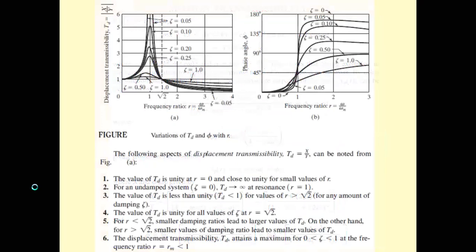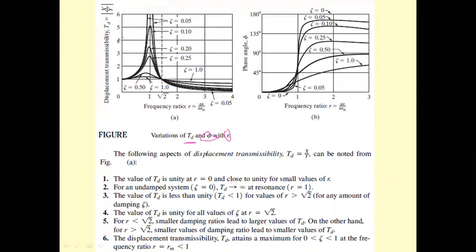So if we draw the diagram, that is the variation of this displacement transmissibility, X upon Y, with respect to r, that is omega upon omega n ratio, and the phase angle response curve.